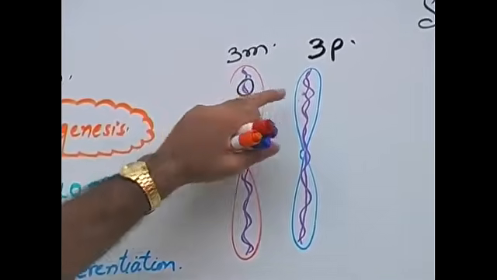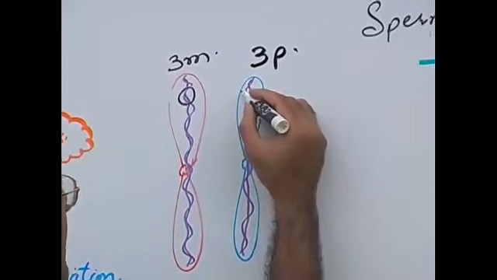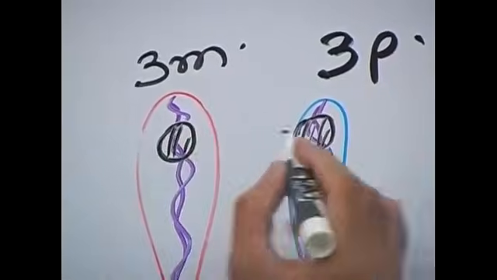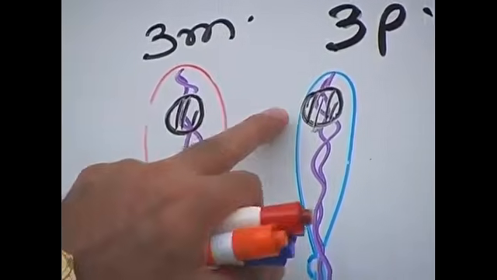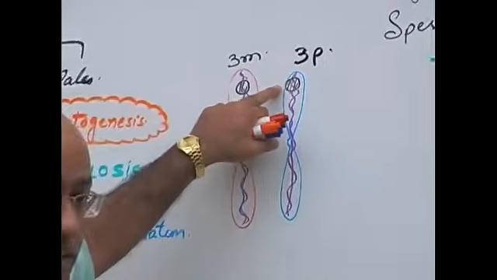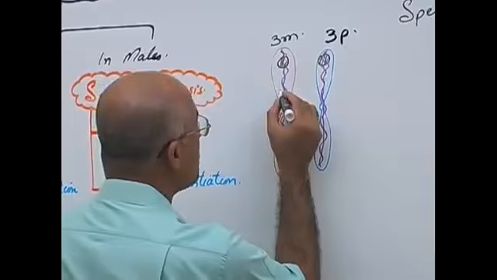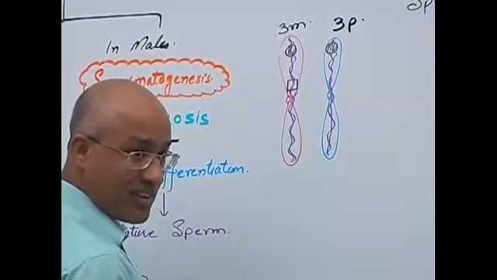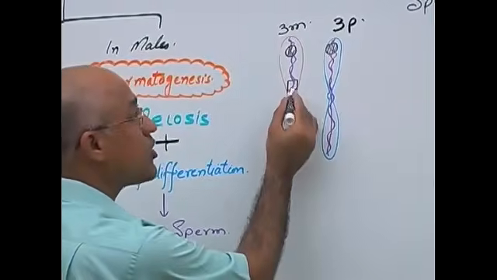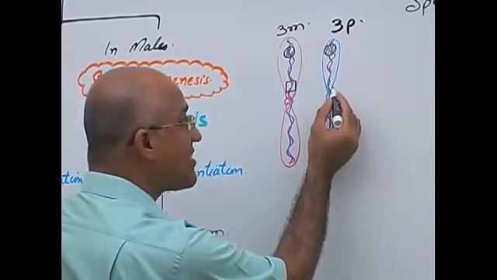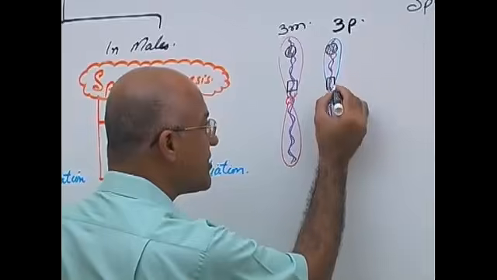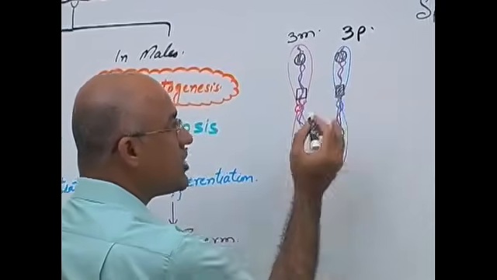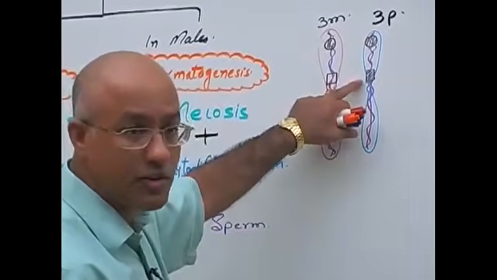Then on the same homologous chromosome coming from the father, at the same locus, at the same point, there should be a gene which also determines the color of the eye. And suppose here is another gene which determines the size of the nose from the maternal side. Then on the homologous chromosome from the paternal side, on the same locus, there should be a gene which also determines the size of the nose.